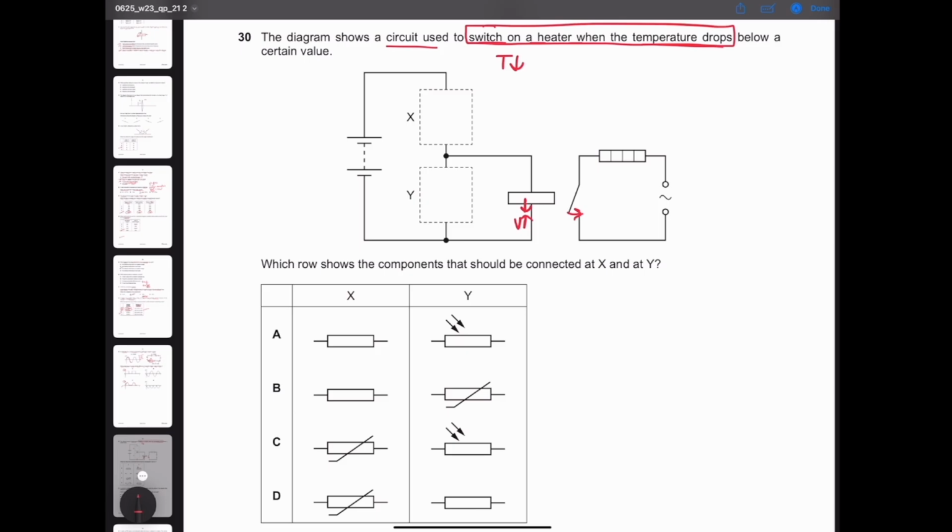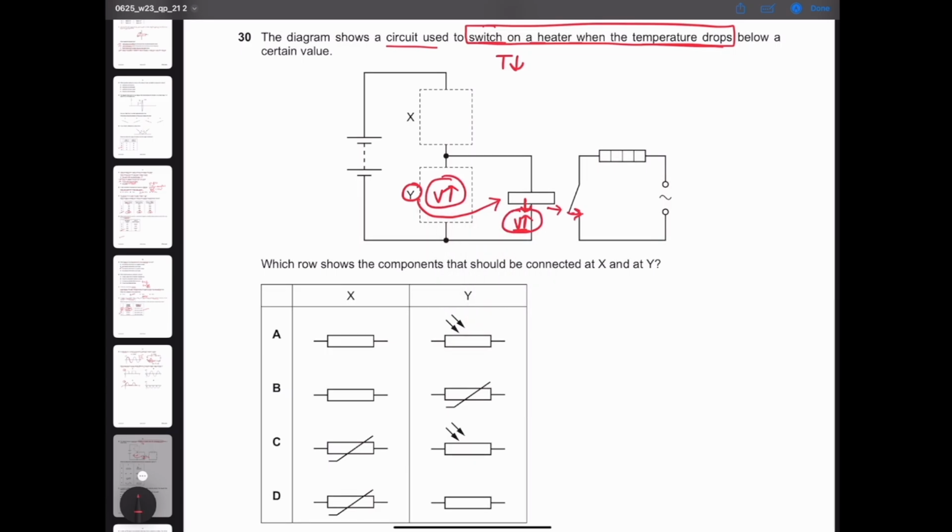When the temperature drops, this switch must close. So the voltage must be high here so that it will repel this. Alright. If the voltage must be high here, the voltage must be high here as well because Y is in parallel connection to this, and we know that in parallel circuit voltage stays the same. So if voltage must be high here, voltage must be high here as well, right?